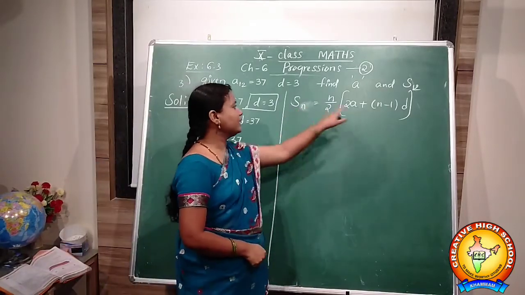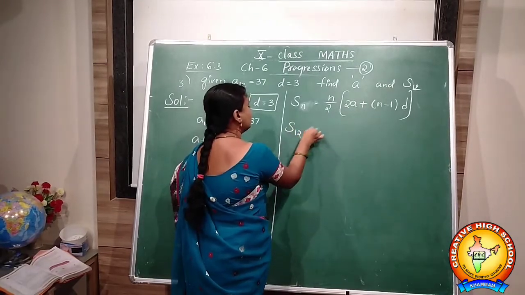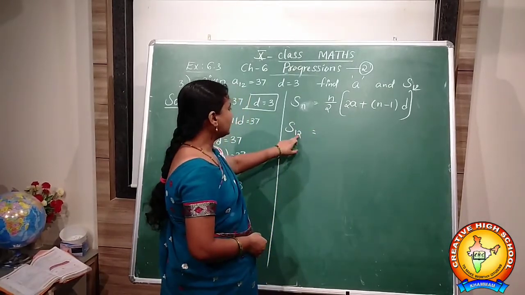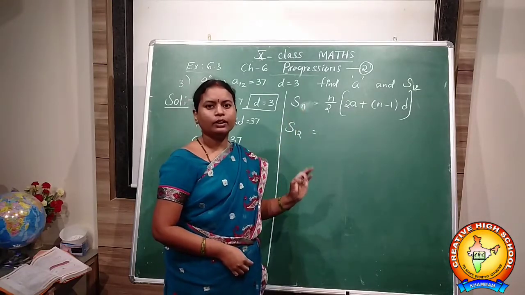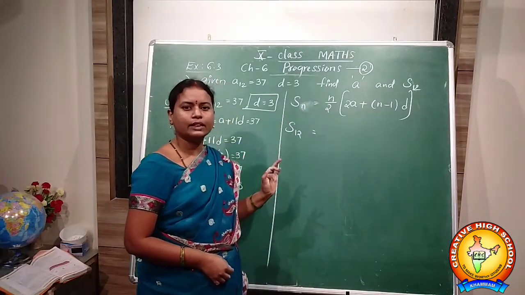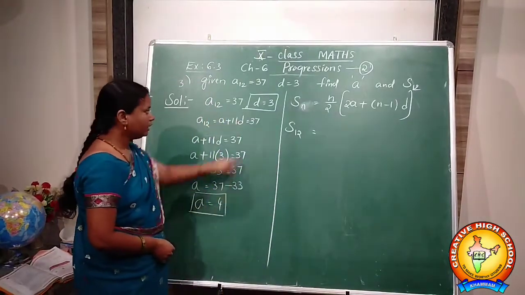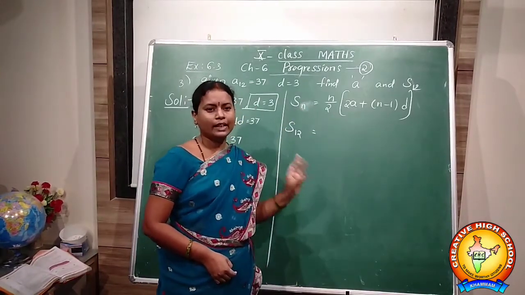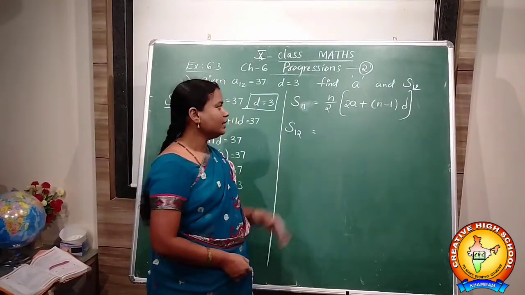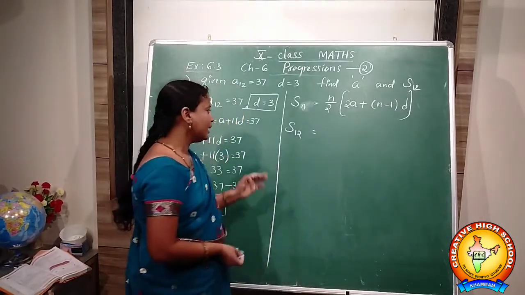But here we are finding S12, so it is in the place of n. That means the n value is nothing but 12. So here the a value is 4, the d value is 3, the n value is 12. If we know the a, d, n values, then it will become easy to find the sum of all the terms in the AP series.